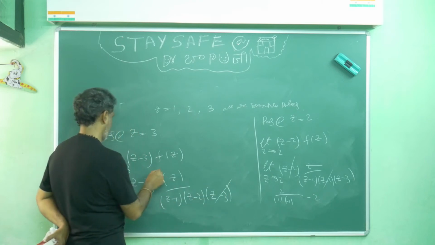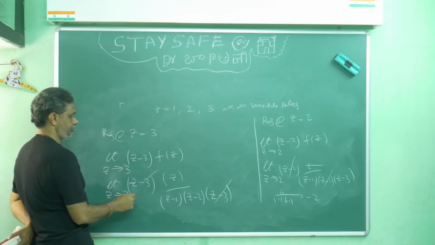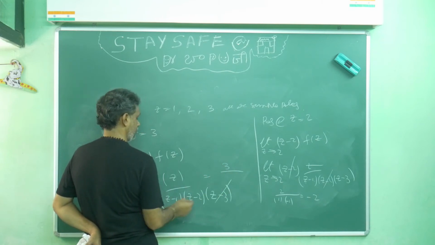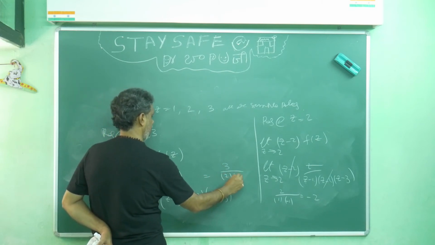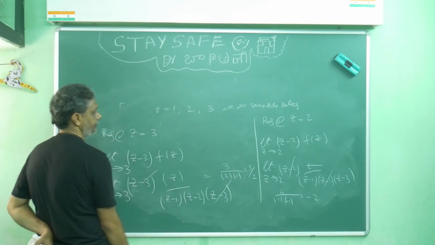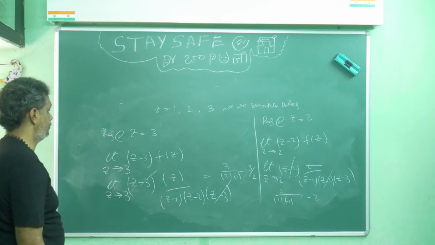This factor goes off. Then put z is equal to 3 and you will get 3 by (3 minus 1) is 2, (3 minus 2) is 1, so 3 by 2. Getting or not? That is the residue at z is equal to 3.